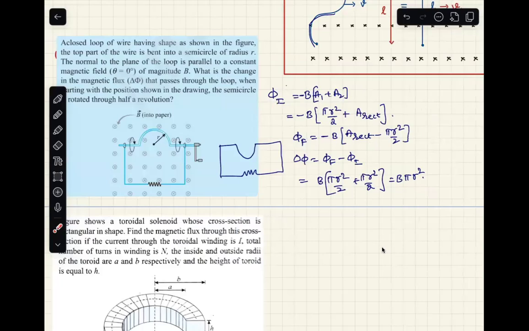Initially, both areas get added. Later, rectangle area minus half circle area. So what is the difference of the flux? That's what I have taken. It is B into pi r square. Any doubt? The very basic question is what I have done.